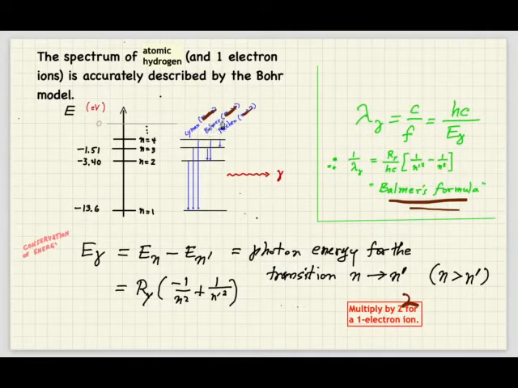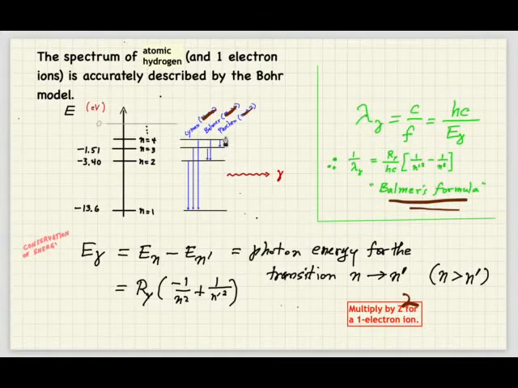That's called the Balmer series. These are visible. So if you do a spectral analysis of hydrogen, you'll find a bunch of different spectral wavelengths which are in the visible range of light.